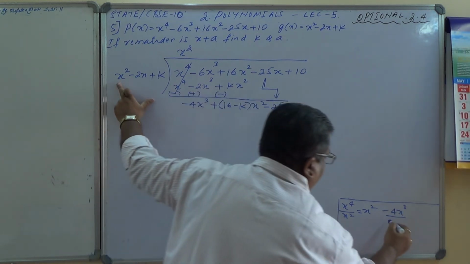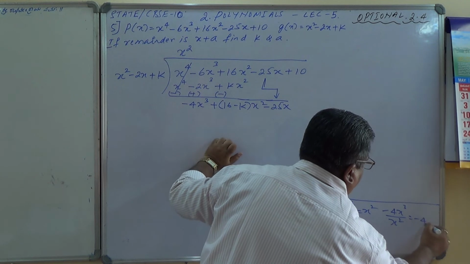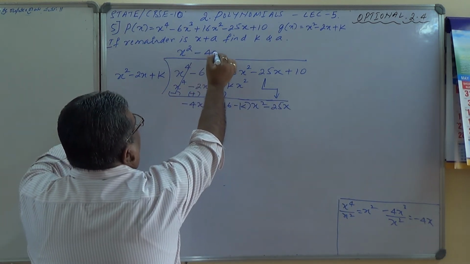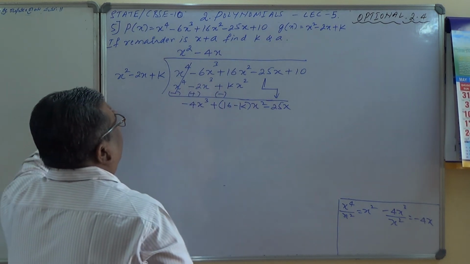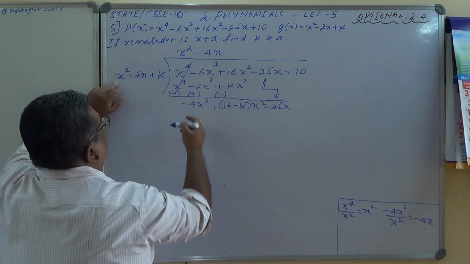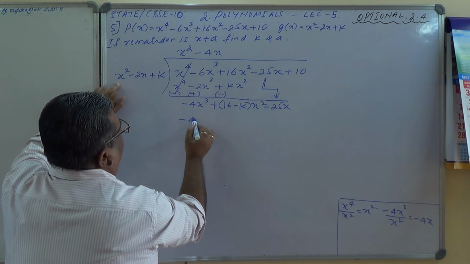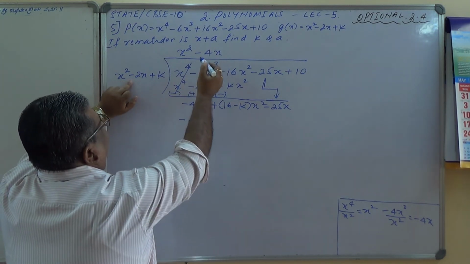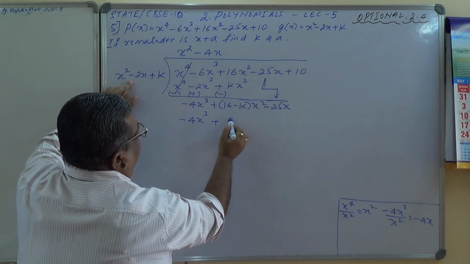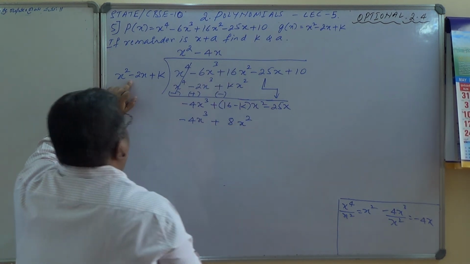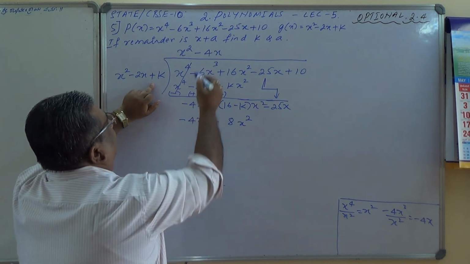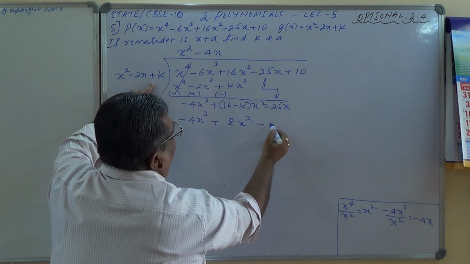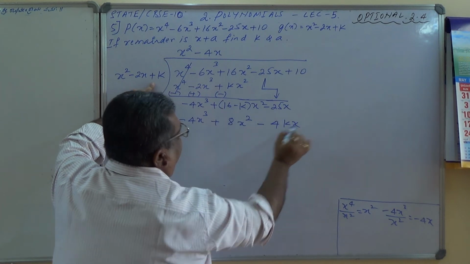Now second term, minus 4x cube divided by x square, which equals minus 4x. So now minus 4x times x square minus 2x plus k gives minus 4x cube plus 8x square minus 4kx.